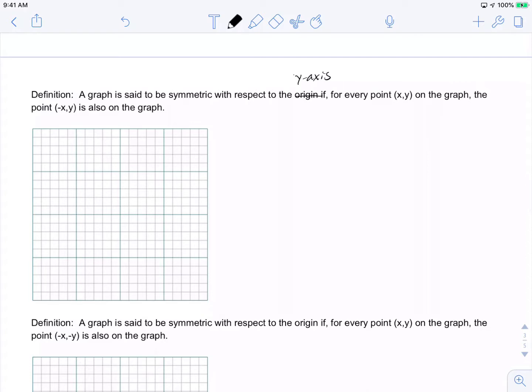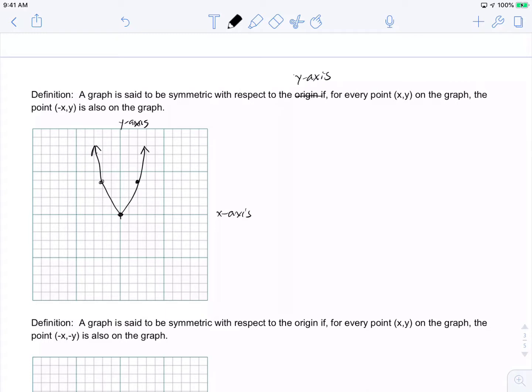So again, here's the x-axis, here is the y-axis, and this is the origin here. We're going to plot a point here, we're going to go to (2, 4) here, and (2, 4) here, and we're going to have a parabola that opens upwards.